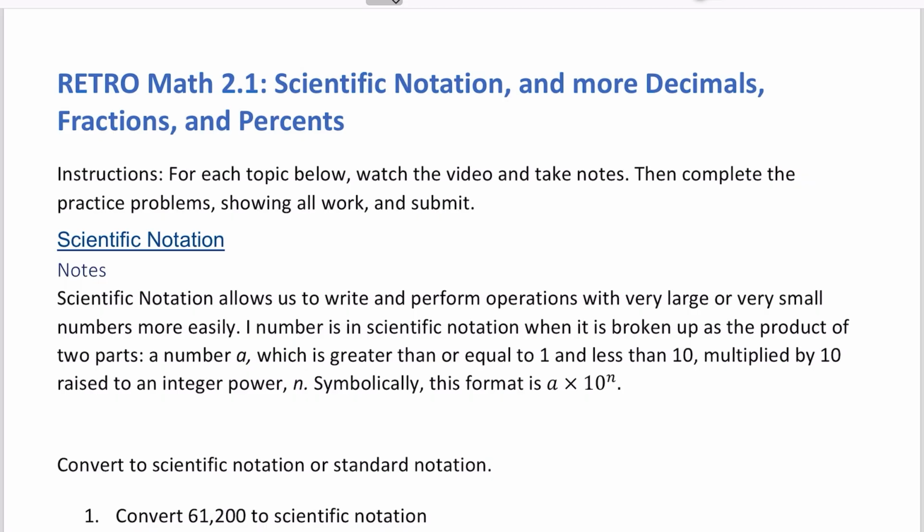Scientific notation is just a way of writing very large or very small numbers much more easily. A number in scientific notation is broken down into two parts. Part A is the significant digits, which is some number between 1 and 10, like 3.12 or 6.0 or 1.4938.